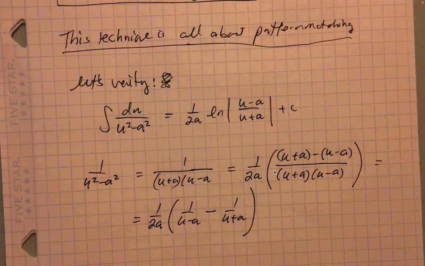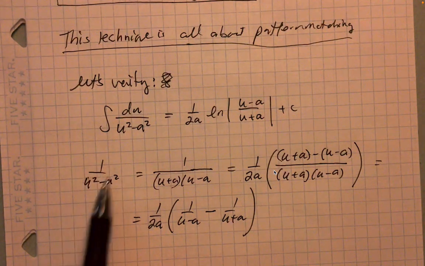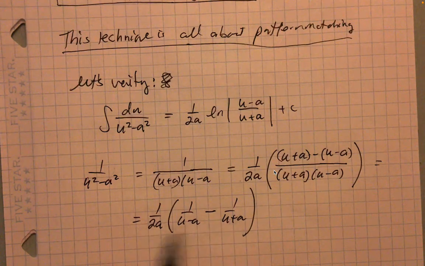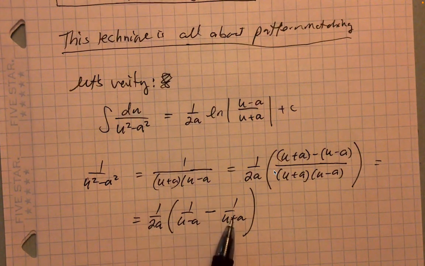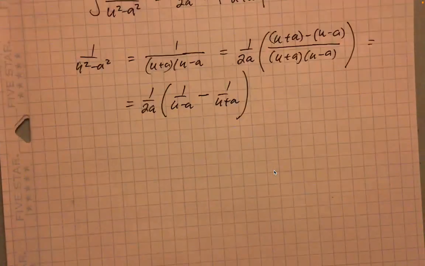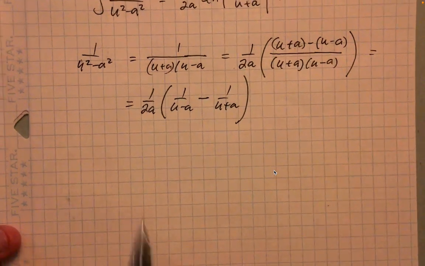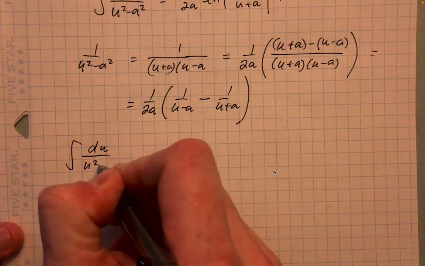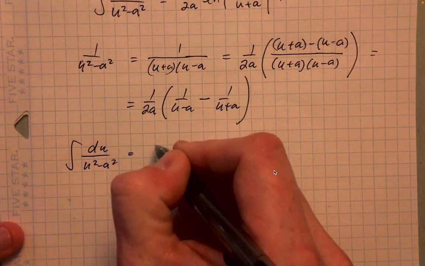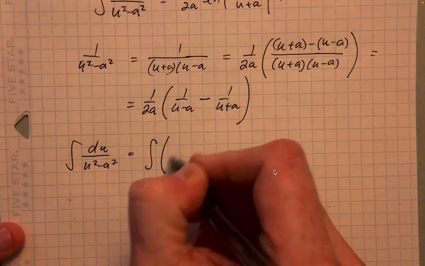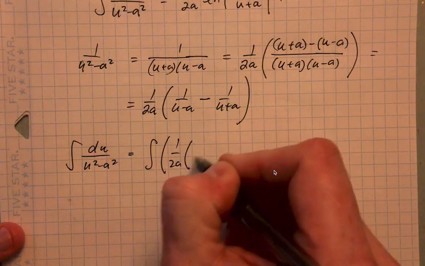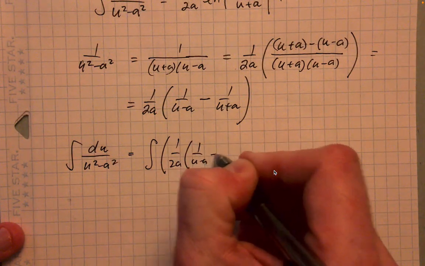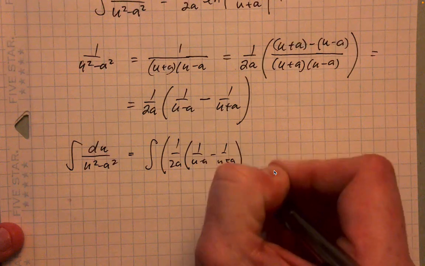Okay, and so basically what we've done is we've rewritten this expression into something that we can easily integrate. So the integral of du over u squared minus a squared is equal to the integral of 1 over 2a times 1 over u minus a minus 1 over u plus a.